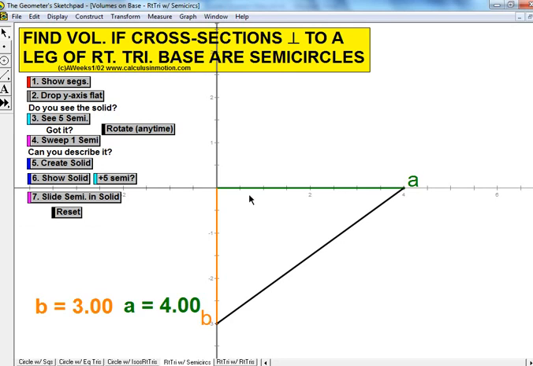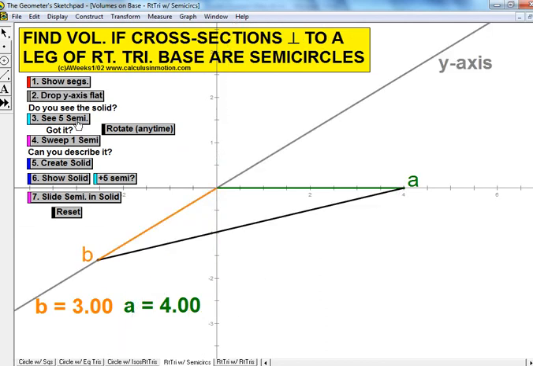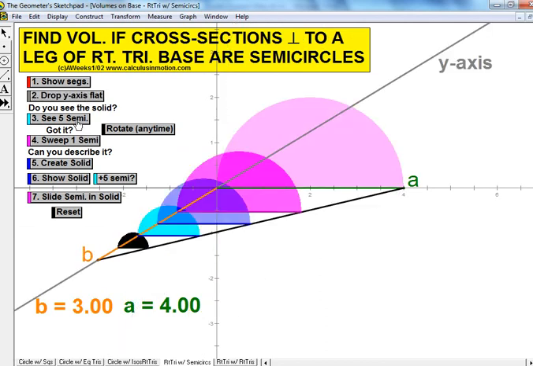We have 4 and 3, and the cross sections are semicircles. So we have our axis. This was 4. This was 3. Here's my base. So if I take an arbitrary slice out of the middle and flip it up like this, right?